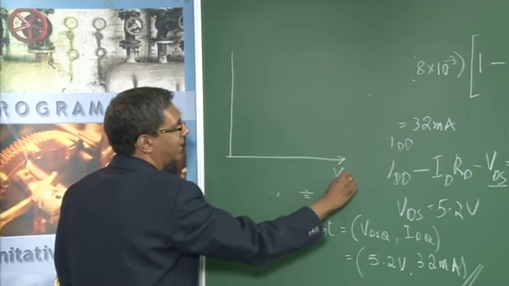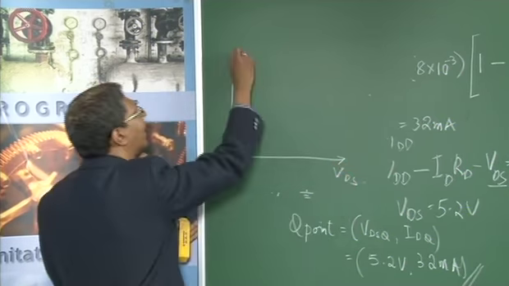I am going to have VDS and I am going to have ID. This is what we call the output curve, right? VDS versus ID is the output curve. Positive VDS, positive ID. So this is 0. So your 5.2 would be somewhere here, and your 32 milliamperes would be somewhere here, if you do it in terms of milliampere. So if you check these two, this is going to be your operating point.